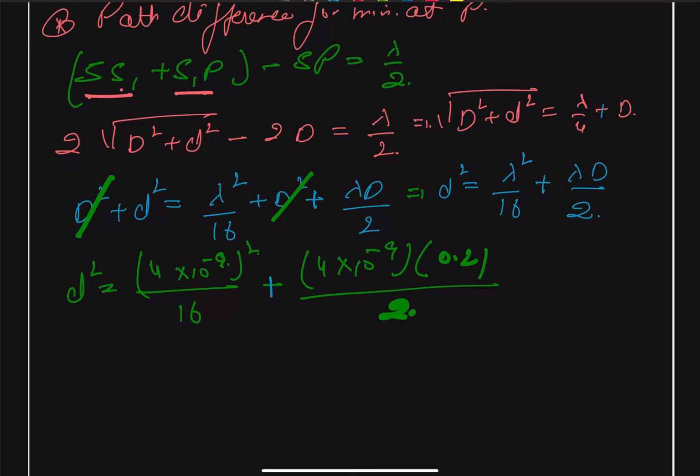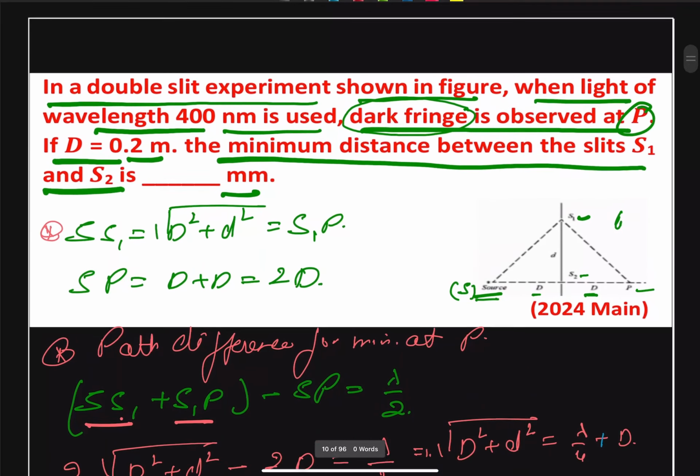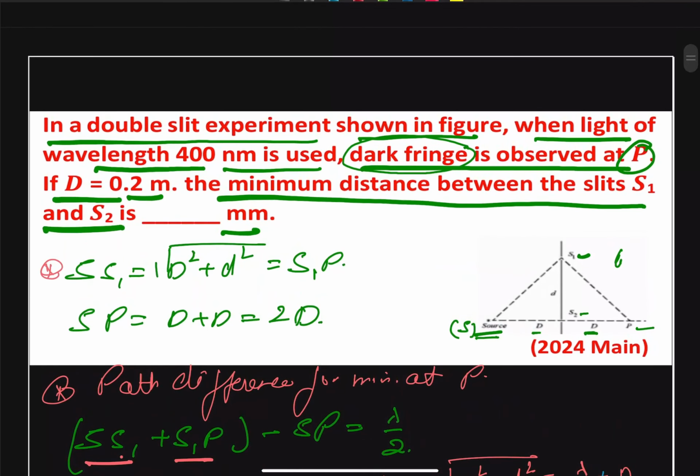So we get that our d square will be equal to, this 2 goes by 2 and this comes as 10, and 16 goes by 16, and this is 400 nanometer.